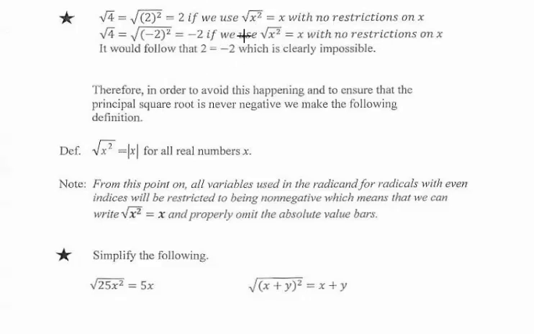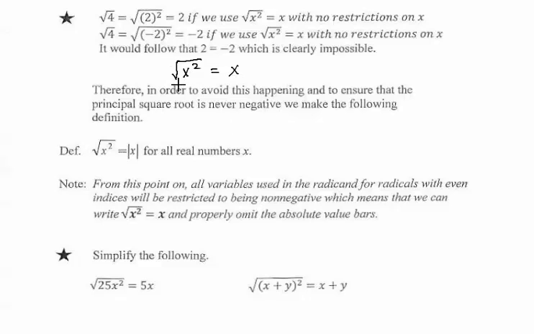Now here we have this starred comment, and we're trying to talk about what we do when we take the square root of a variable expression, as in this case, the square root of x squared. Okay, what we want to do is just say x, but there's a catch to writing it this way.